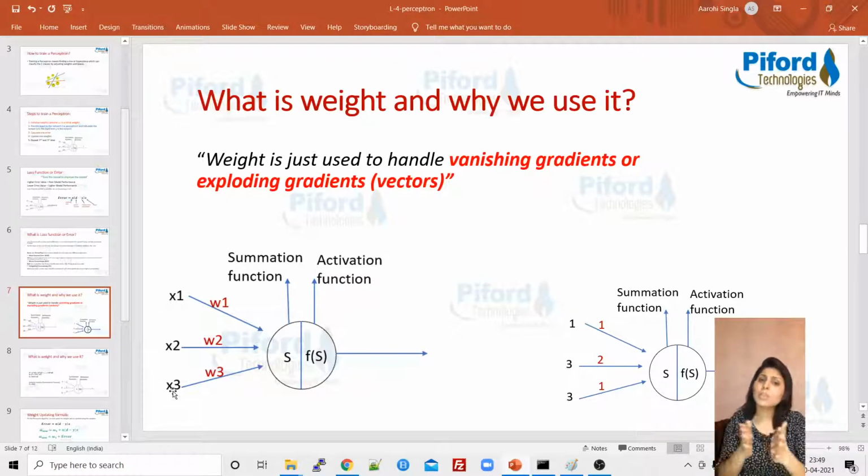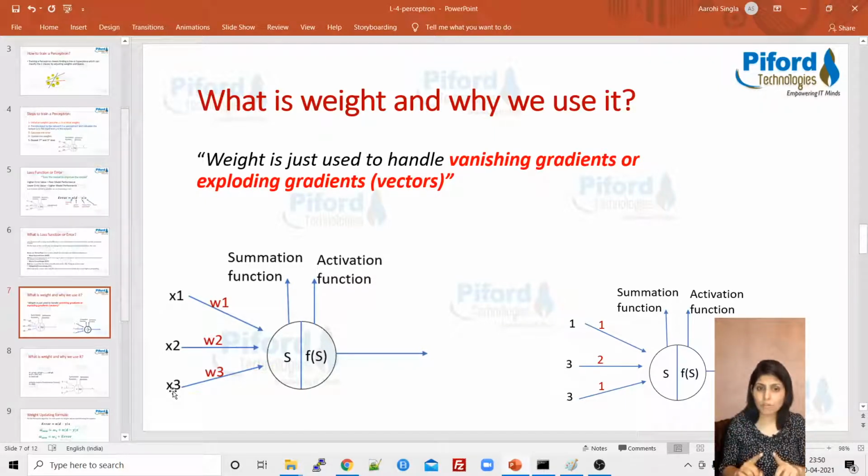According to the situation, we choose those weight values and multiply them with our input values in order to solve the problem of vanishing and exploding gradients, right? As I've just told you, I have a whole lecture on exploding and vanishing gradients. In that, I'll teach you in more detail what it is exactly. But for today's class, just understand this.